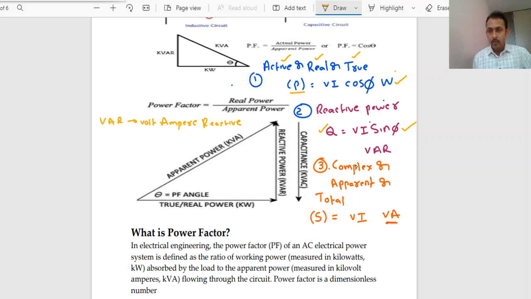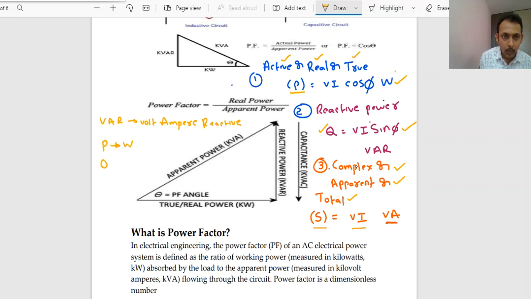Now one more power we have is the complex power, or apparent power, or total power S, which is simply the product of voltage and current, and the units are volt amperes. So dear students, if you observe, for the powers, if it is P, we express it in watts.